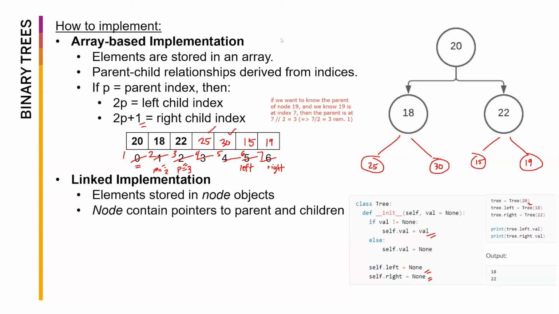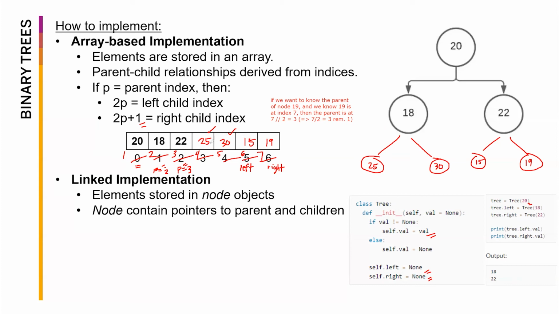For the next lesson, for the next hour, we will actually leverage this array-based implementation. As you can see, if we do it on an array-based implementation, we are already filling in the left child first. From 18, left child first, then 22.